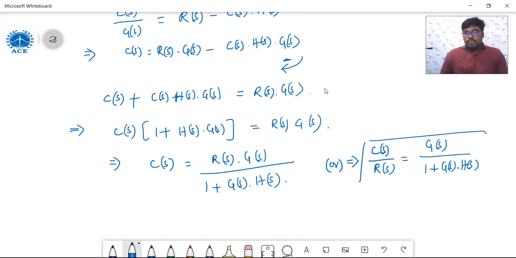So this is our closed loop transfer function of a negative feedback. This is the overall transfer function of the closed loop control system with negative feedback.